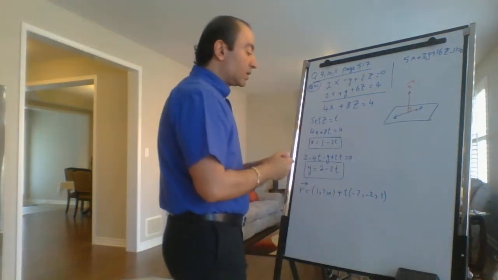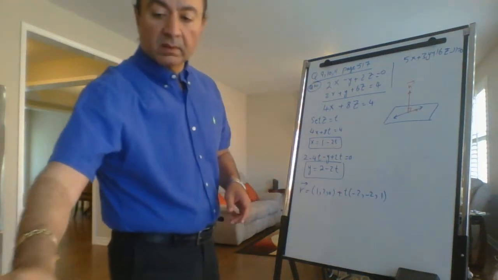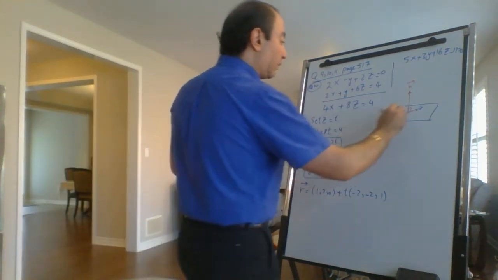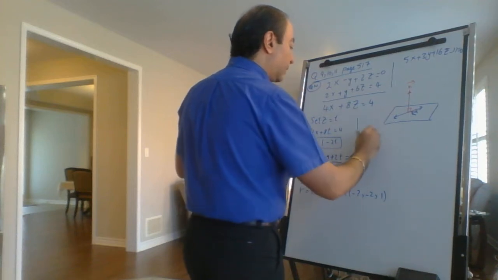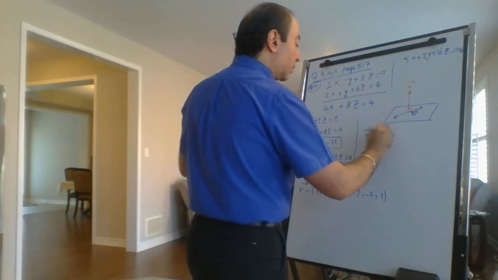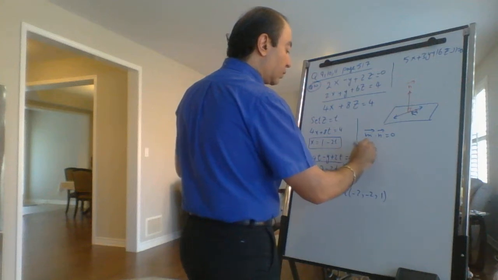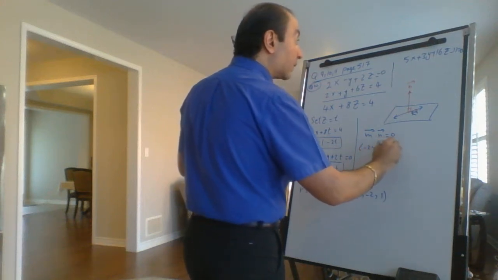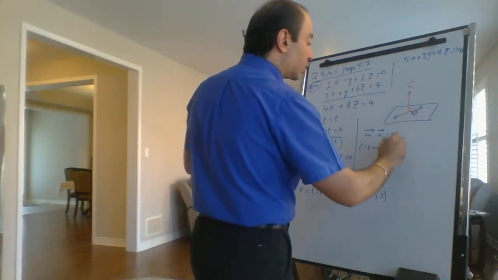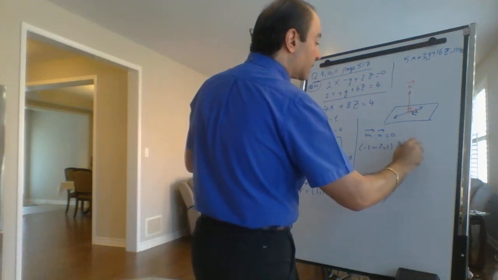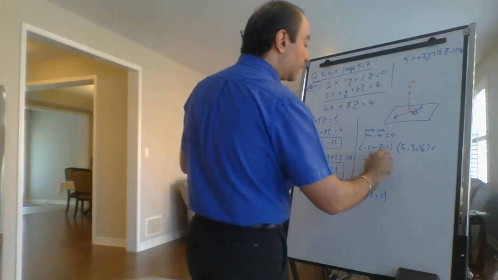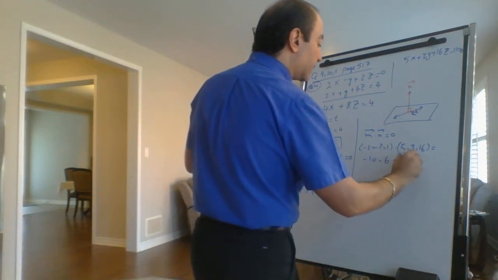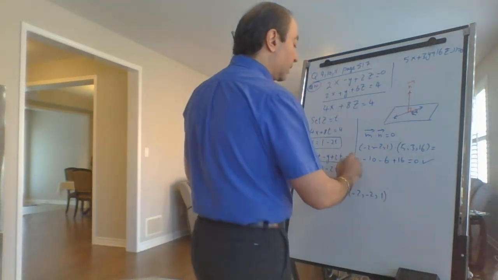So I need to see if the dot product of m dot n equals 0 or no. So m is negative 2, negative 2, and 1. Dot the n, which is 5, 3, 16, and if you do that, you will get negative 10, negative 6, plus 16, and that is 0. So yes, the first thing is true.